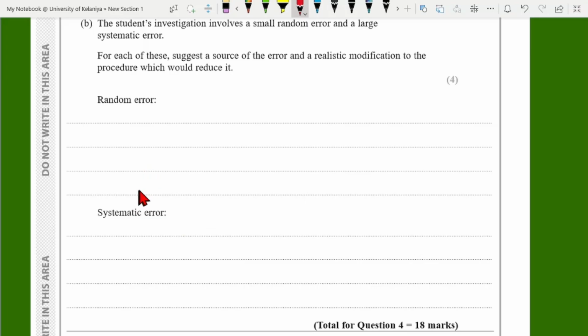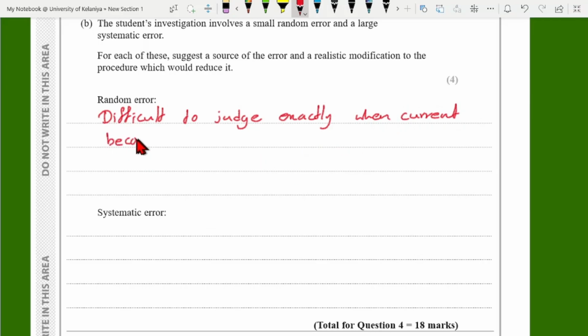I'm going to write: difficult to judge exactly when current becomes zero. For that, the modification, I'm going to write over here: use a more sensitive ammeter.